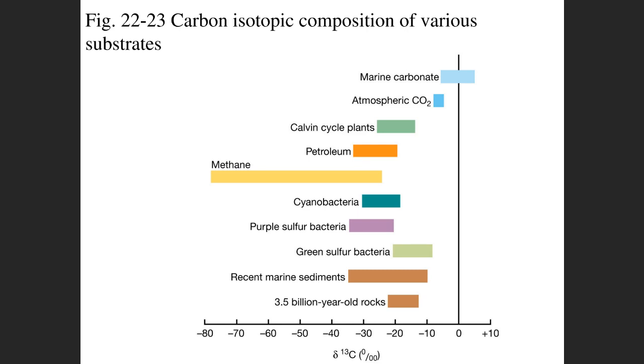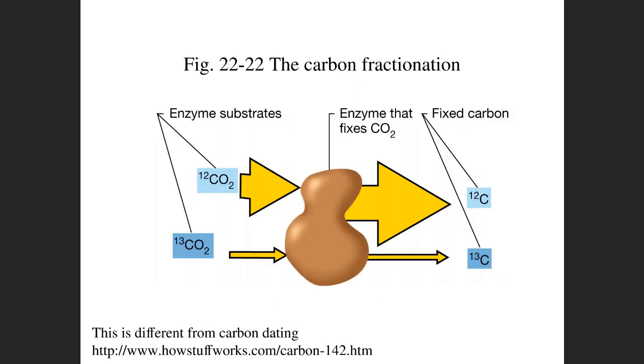And from here you can see a decrease of C13 proportionally. You see, go back here. So after the fixation, the C13 percentage decreases, well, because the C12 percentage increased.